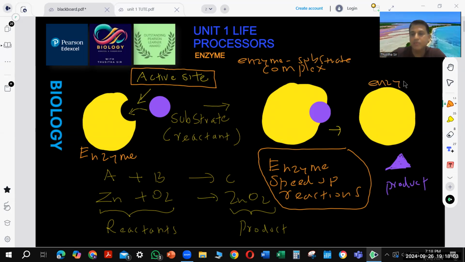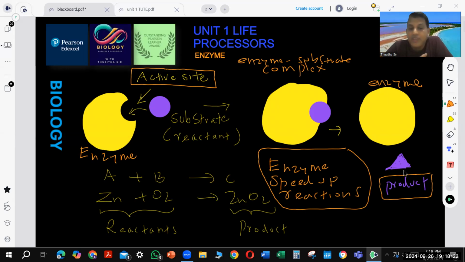Then the enzyme has no change and it makes a product. So now the substrate becomes product. That's very important. Substrate becomes product. Okay. You can copy this down. I'm not going to revise everything about enzymes, only the most important things that you need for your exam.